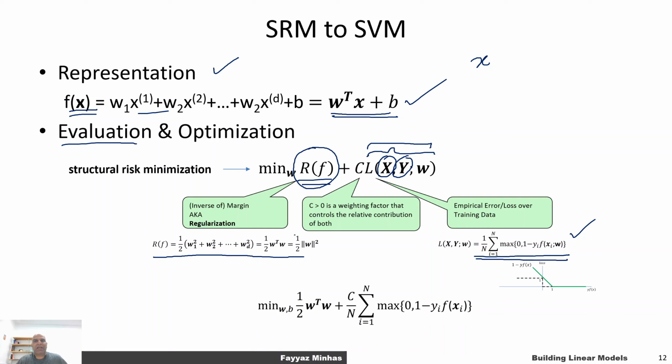It does not have any terms related to the data. So that is why this is called structural risk minimization, because it minimizes the empirical error as well as it minimizes some structural characteristics, or introduces some desirable structural characteristics that we want to optimize over. Okay, so that's why it's called structural risk minimization.